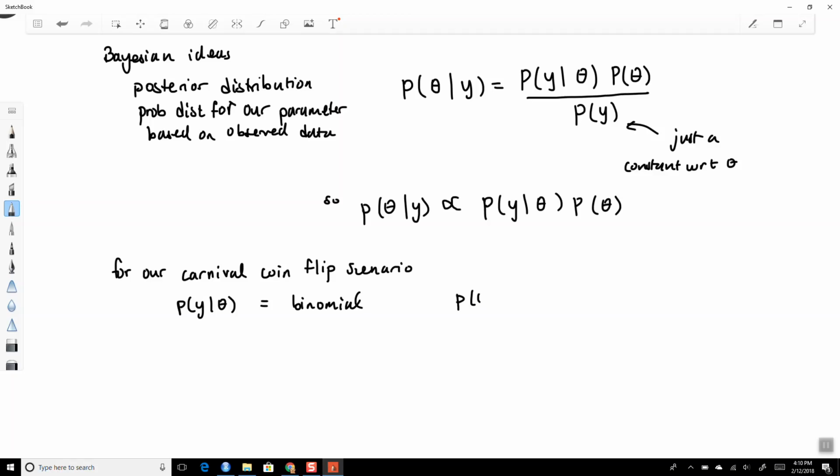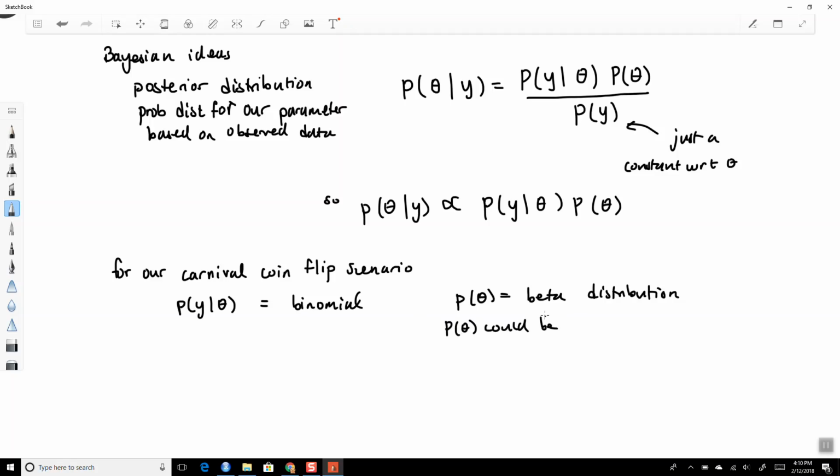And then probability of theta will be a beta distribution. Technically, probability of theta could be any distribution, but the beta distribution is the conjugate prior to the binomial, which means it has nice mathematical properties.